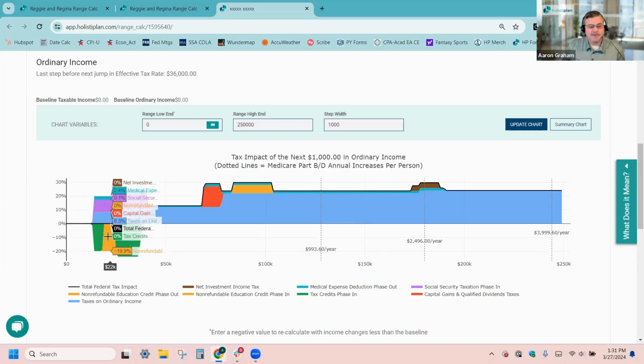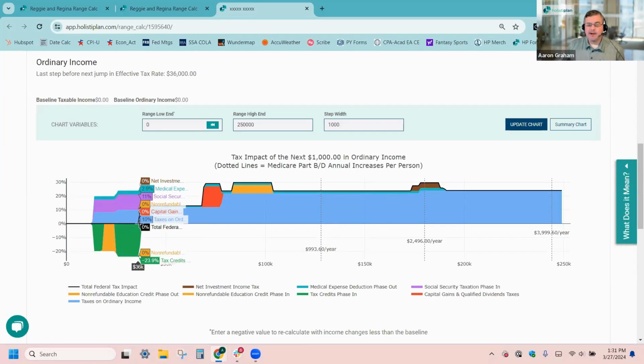Then we start showing up with this yellow, or let's just call it gold section here in the graph. We continue to add more income, but now at this point, we're able to phase in some of that education credit from those art classes that Rebecca's taking. And so that additional income is still being eaten up by a tax credit. And then finally, that's used up, and we have another credit in green show up, and that's your $3,000 residential energy tax credit being used.